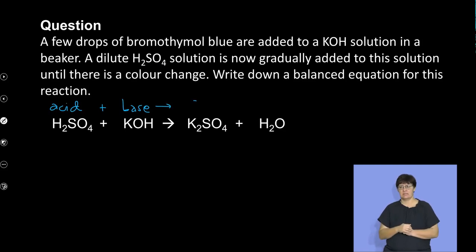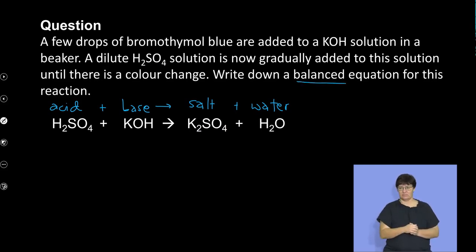Generally, it will give us a salt plus water. So this is an acid-base type of reaction. The formulas of the reactants in this case have been given, so we just copy them because these are our two reactants, and then the salt and the water are the molecules that are formed. So now the question is more about balancing.